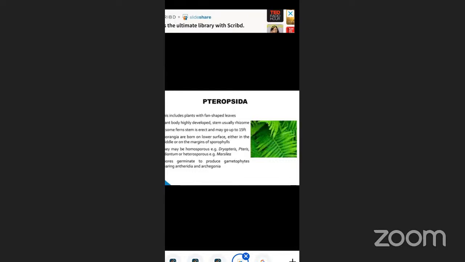Then another, fourth class is also there, the extinct genera, that is the Primopteropsida. This has Cladoxylales and Coenopteridales. So these all are extinct.